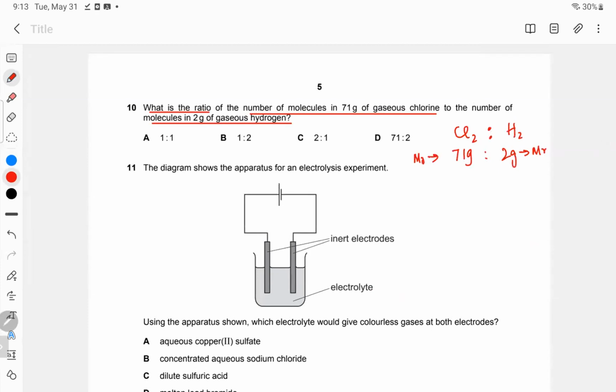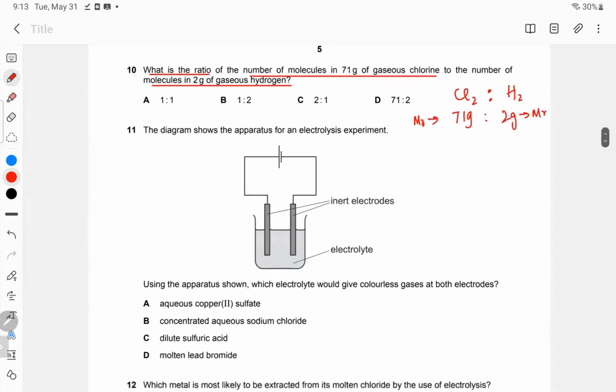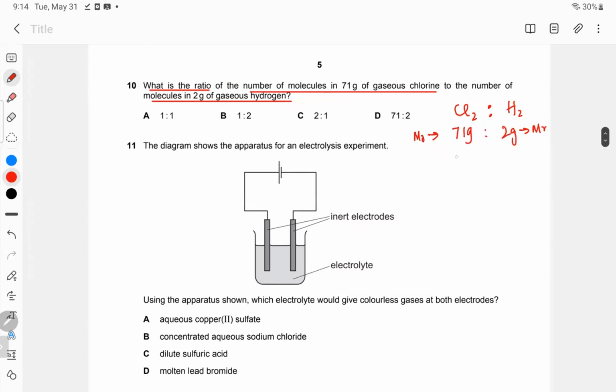Yes, sir. So it means there is 1 mole of chlorine and there is 1 mole of hydrogen, right? Is this understandable? Because both the masses are their MR only.